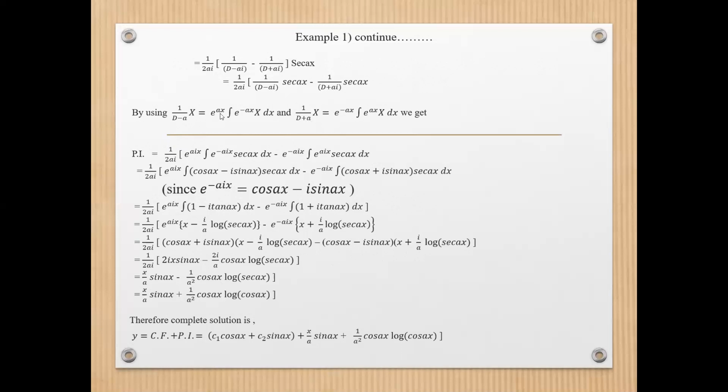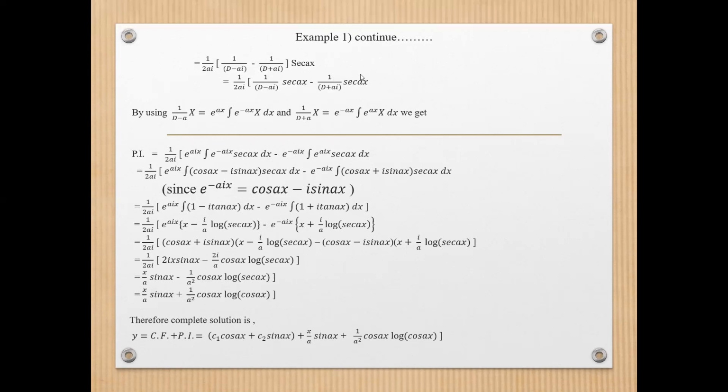Okay, so using this formula, the first term can be written as PI is equal to 1 upon 2ai, constant as it is, into bracket, put here a as ai: e raised to aix integration e raised to minus aix sec ax dx. This is the first term by using this formula.